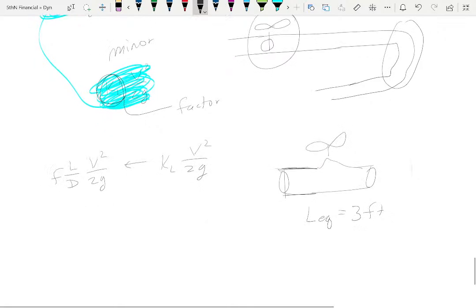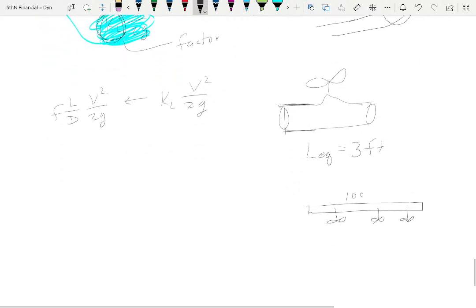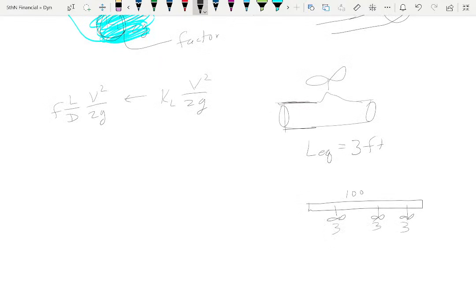So let's say you had a pipe that's 100 feet long with 3 valves in it. Then it'd be 3, 6, 9, so it would be effectively a 109-foot length, and you would just put that in there.